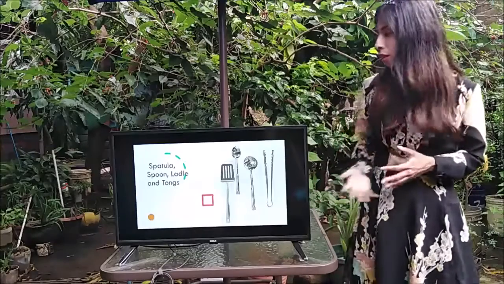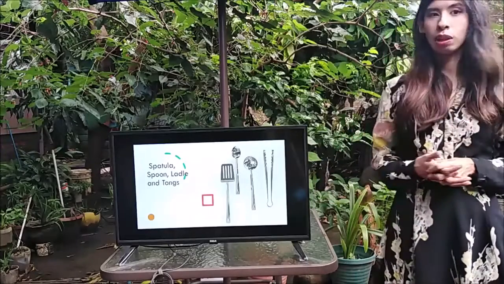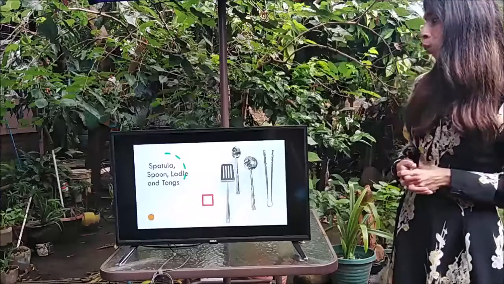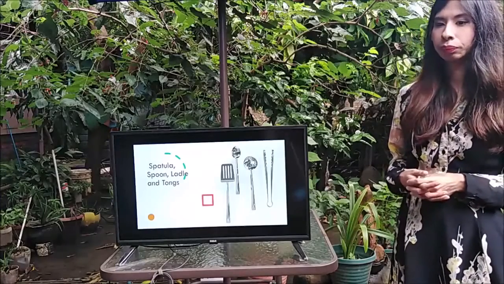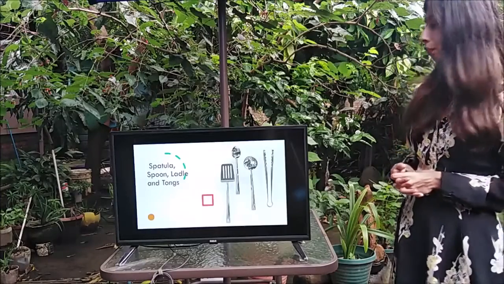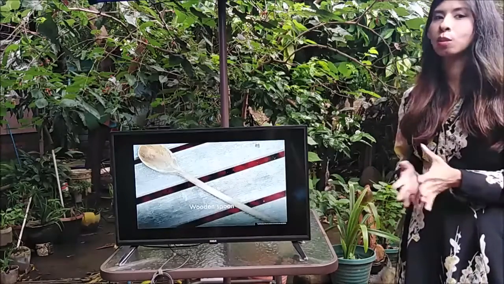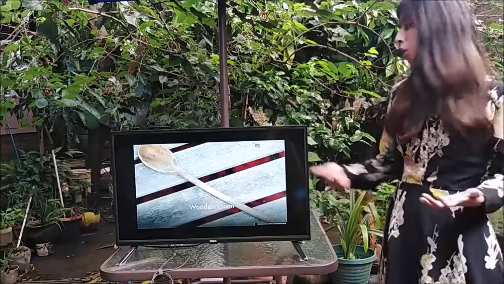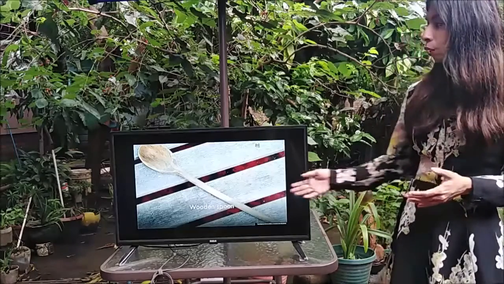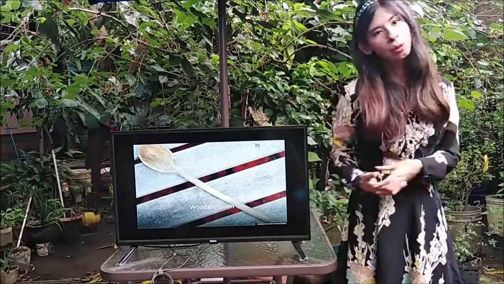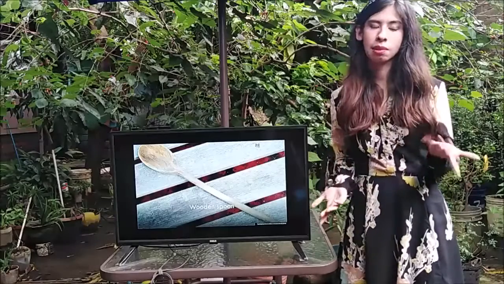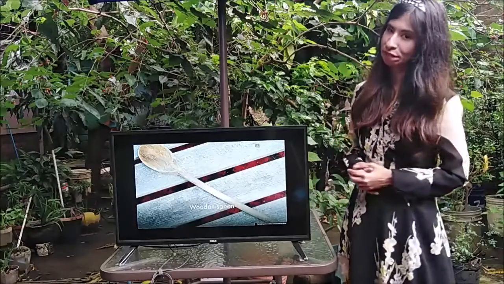Okay, so these are some elements that we can use within our kitchen. And as well, we have the wooden spoon. As I was mentioning, the spoon can be made of any material. So this one in particular is called wooden spoon because, as its name says, it's made of wood.